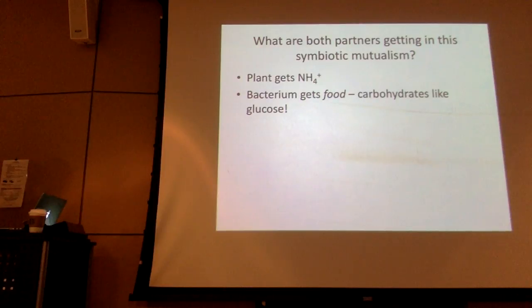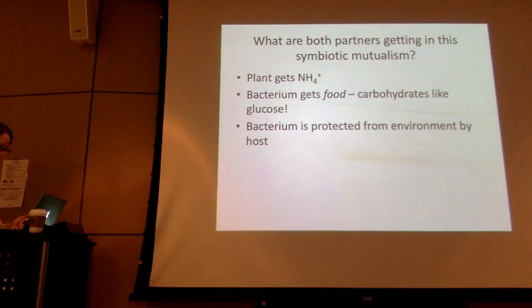They're not eating stuff from the soil, right? They're inside the root. They don't even have access to the soil anymore, right? They're not eating the plant. If they were eating the plant, that would not be a mutualism. That would be a parasitism. So the plant is actually giving them the carbs that the plant makes. So the plant will make starches and simple sugars. Okay, awesome. And the bacterium is protected from the environment by the host.